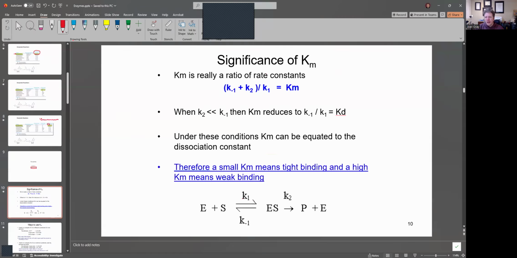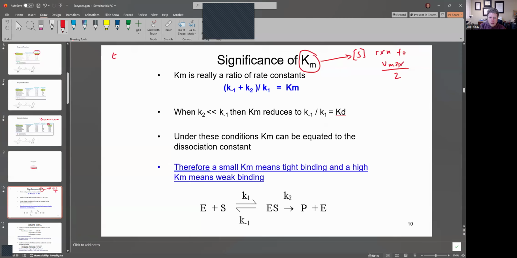So Km, we've learned it as the substrate concentration that gets our reaction to Vmax over 2. That's one way that I want you to think about it.